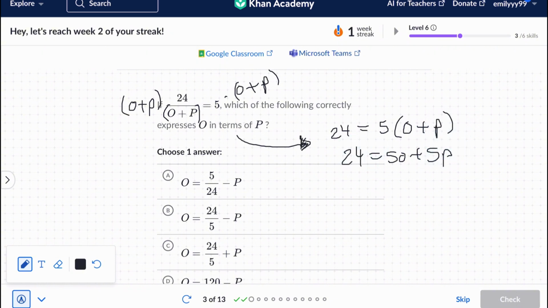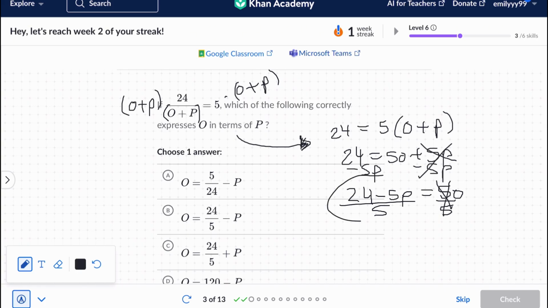And then we want to isolate the O right here. But right now it's with a 5, so we're going to subtract 5P on both sides to cancel that out. So we have 24 minus 5P equals 5O. Sorry, this is kind of messy, but it's the only option I have to show my work. But we need to isolate the O, so we're going to divide by 5. Cancel that.